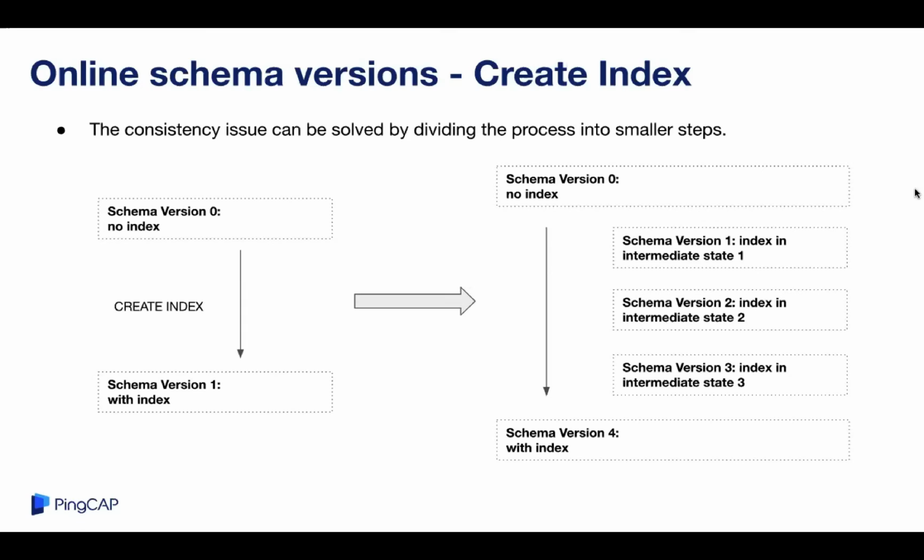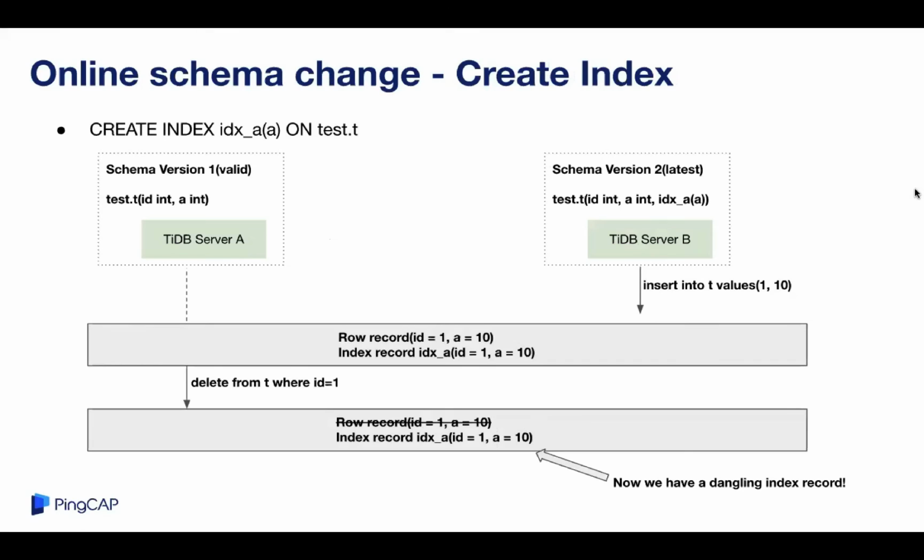We introduced some intermediate states, and during those intermediate states, TiDB server A knows that there is a kind of hidden index definition, and when it deletes the record, it knows that there will be a related index with this record. So the index record will be deleted as well, so that we guarantee that the data will always be consistent with each other.